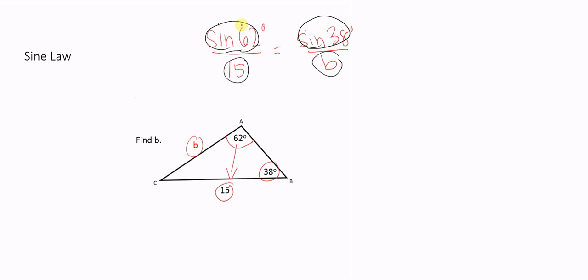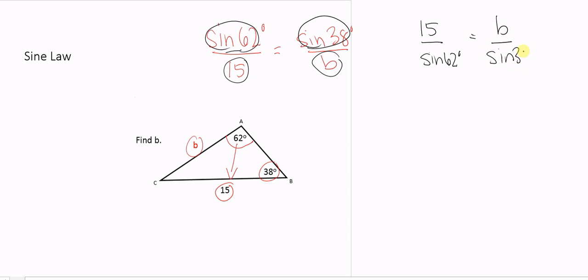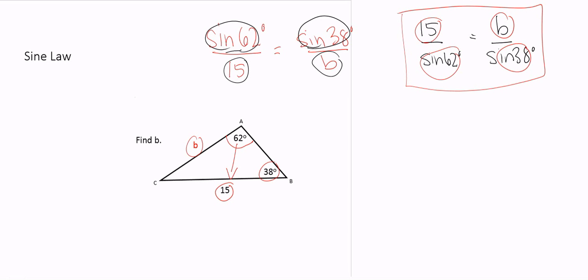That might sound a little confusing, but what I'm saying is that we could also solve this problem by doing 15 over the sine of 62 degrees equals B over the sine of 38 degrees. Both of these setups here will work just fine, but what's important is that both sides are on the top and both angles are on the bottom, or both angles are on the top and both sides are on the bottom. Okay. So moving along, let's use this fellow here to solve our problem.